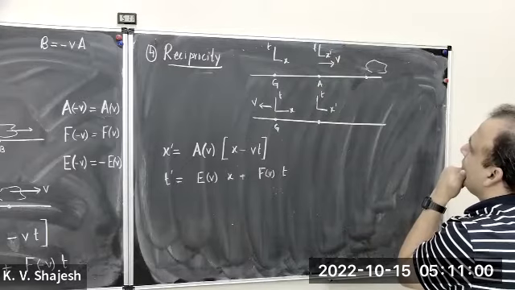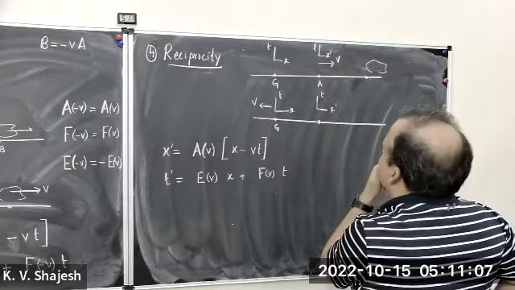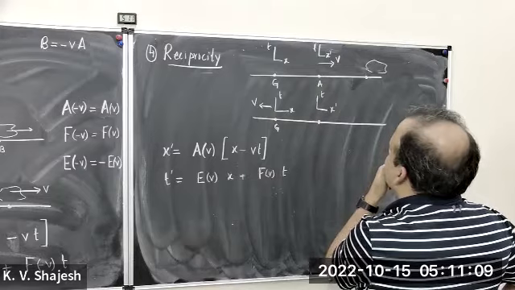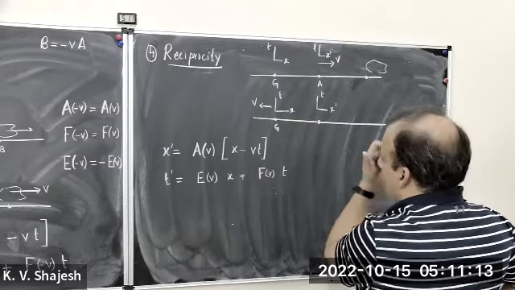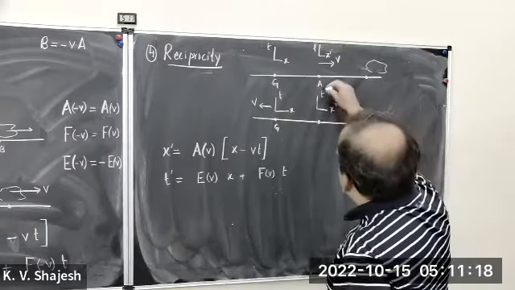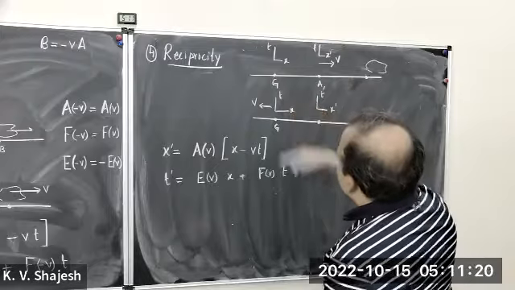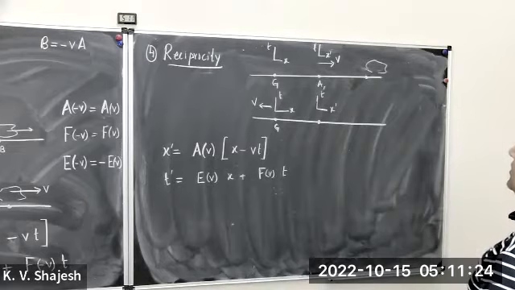Hold on. No, that's not what I'm saying. Okay, help me here. I'm wondering whether I want to change my x prime, t prime here or not. x, t moving. Yeah, I think it is okay.